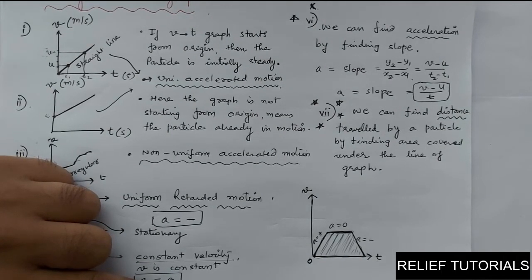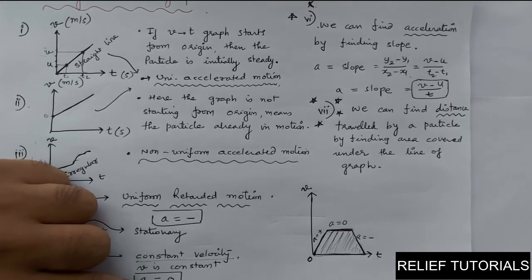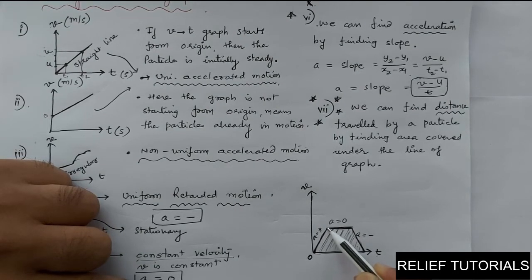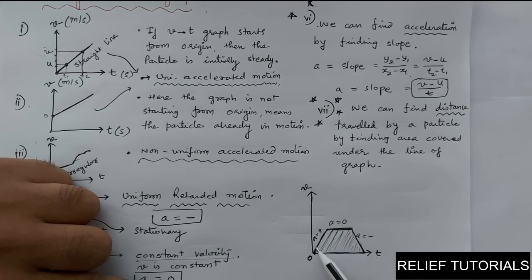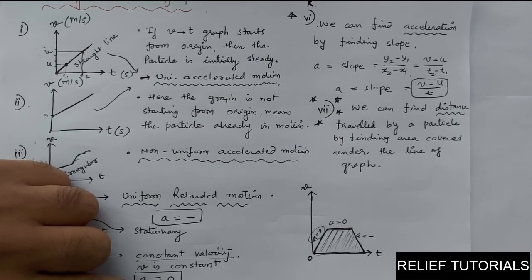See, if I want to find what is the distance traveled by the train, listen to me carefully. What is the distance traveled by the train till it arrives at the maximum speed? Means I want to find out the distance traveled by the train when it is moving with uniform acceleration.